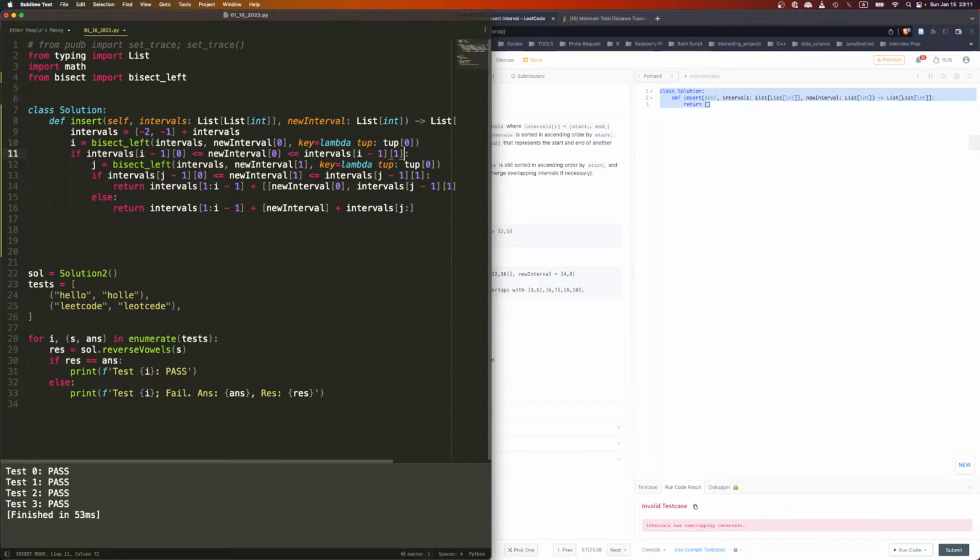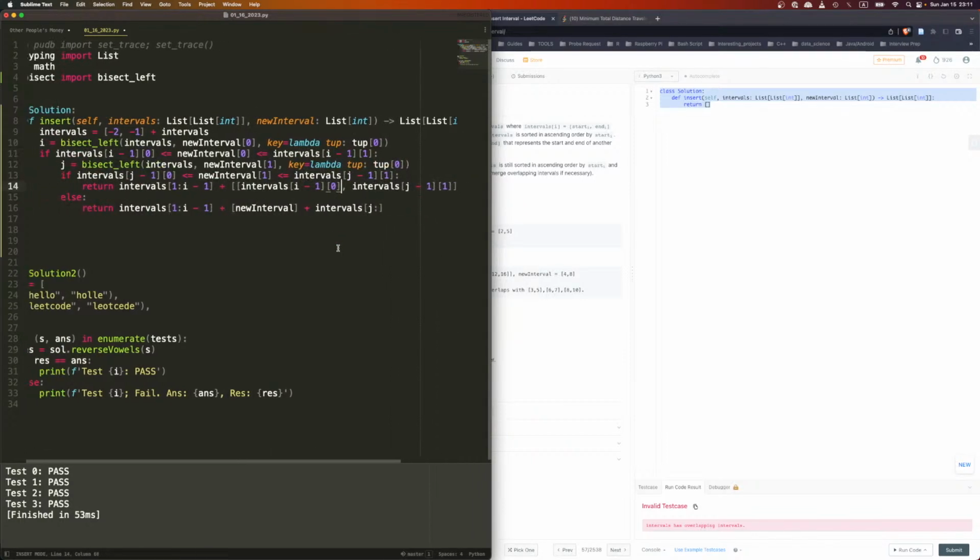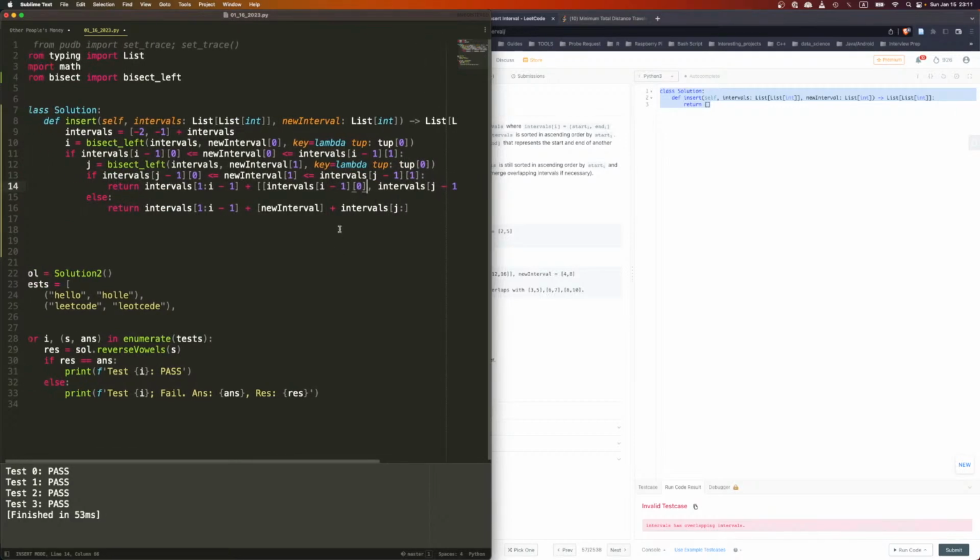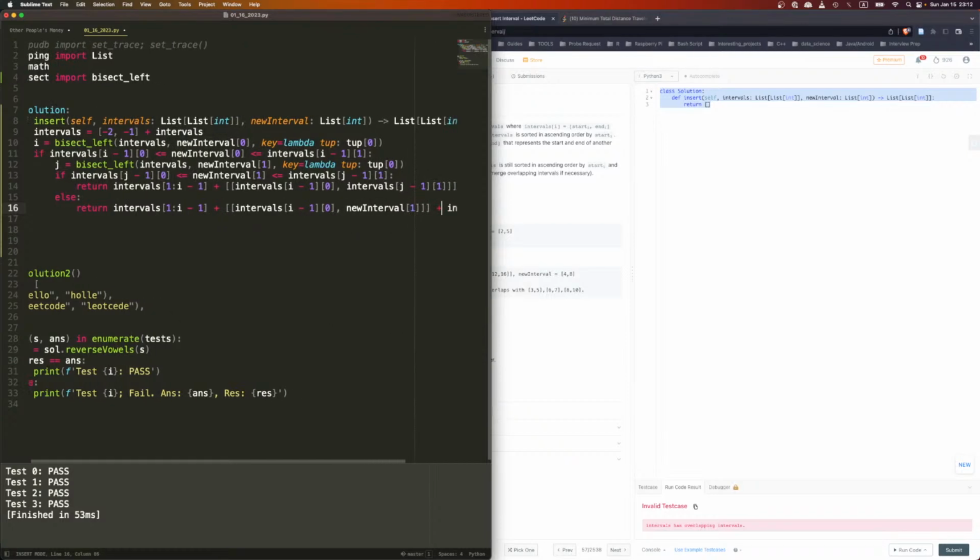And even if we use in here, it's the same. So it should be intervals I minus 1, 0. So that is not true. We need to use intervals I minus 1, 0, right? Unless this one is larger, then in this case, this is still gonna be this, but here is gonna be new interval 1.